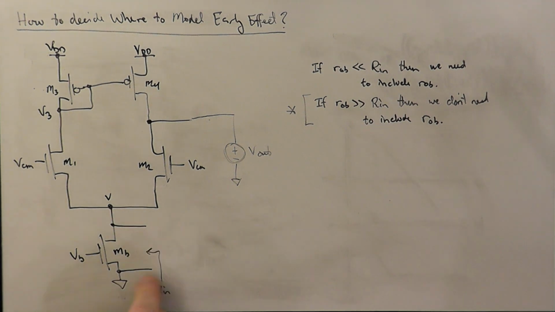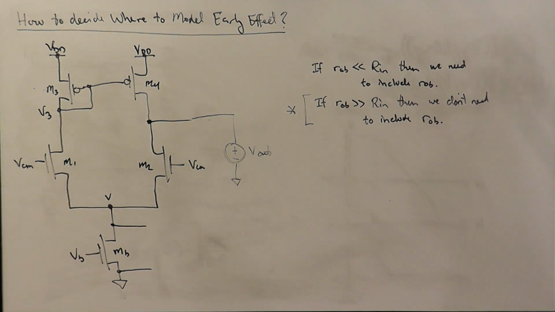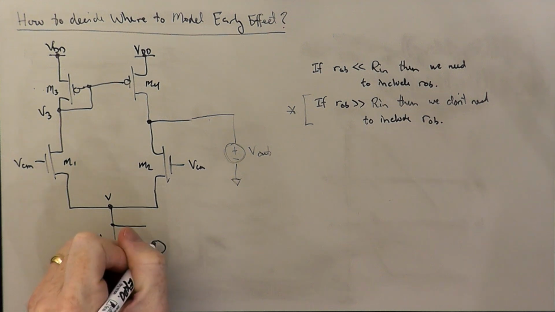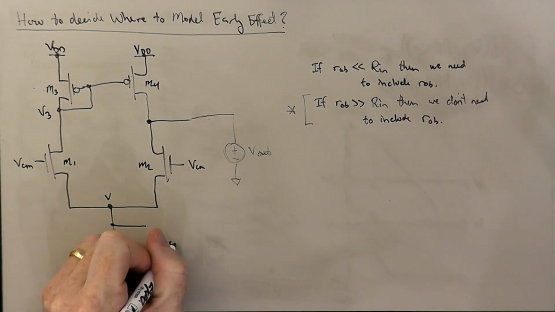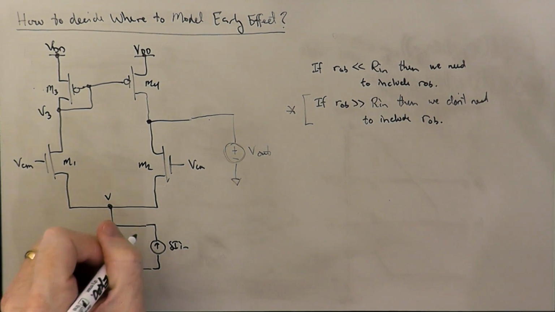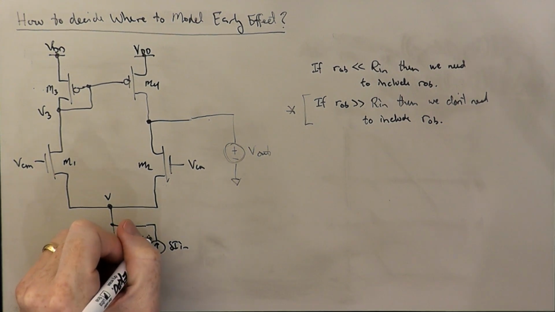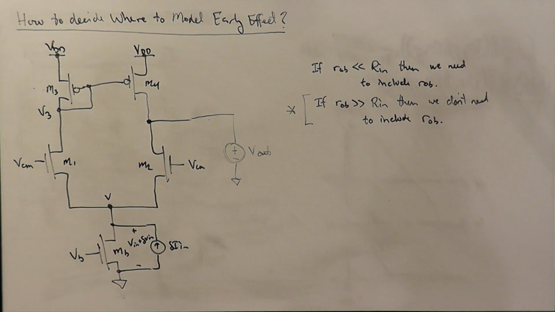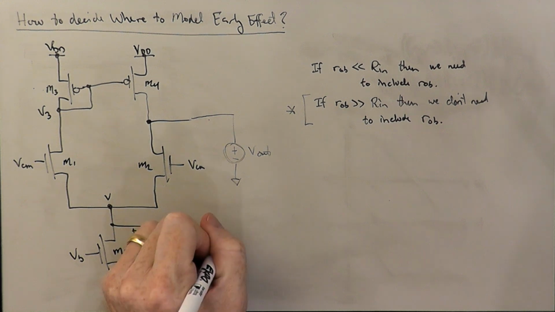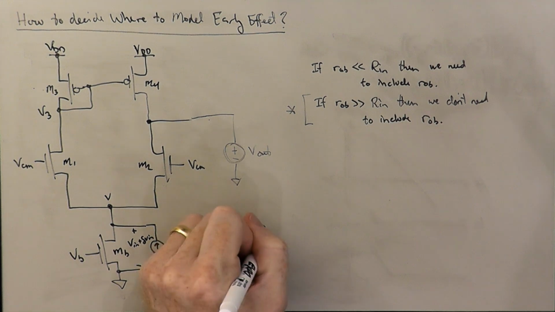Well, to calculate the input resistance of a port, what we do is we hang a current source off of it. We inject a current into that port, and we say, what is the change in voltage that results across the port? And Rin is equal to delta Vin over delta Iin.